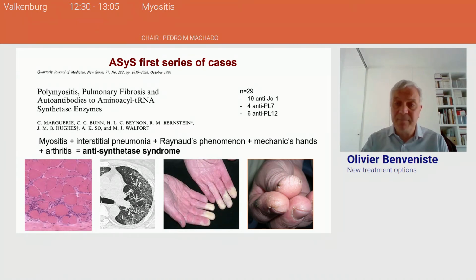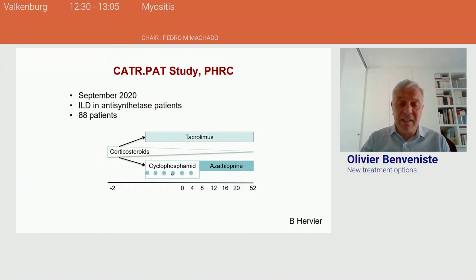interstitial lung disease. And there are two schools in the world: the American and Japanese school, where our colleagues are more keen to use tacrolimus to tackle the interstitial lung disease, and the European school, where we more frequently use cyclophosphamide in bolus.